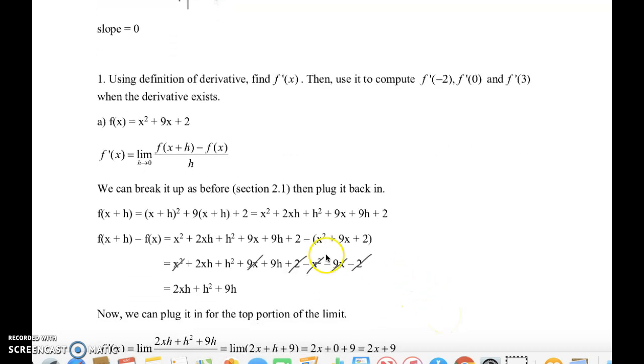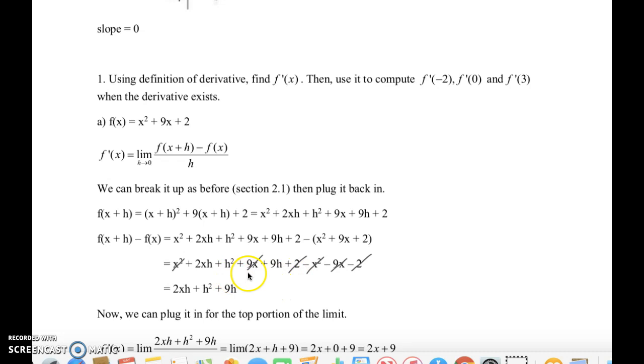So this is going to become negative x squared. And this negative x squared is going to cancel out with the x squared in front. This is going to become negative 9x. This negative 9x is going to cancel out with the 9x over here. We're going to have a minus 2 now, it's not a plus 2. And that minus 2 is going to cancel out with the plus 2. And whatever's left over is what we're going to write down.